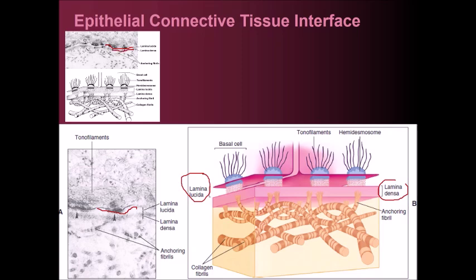Lamina lucida is composed of laminin and collagen type 4, while the lamina densa is composed of collagen type 4. Also, you can see anchoring fibrils of collagen type 7, and between the anchoring fibrils we can see the collagen of the underlying layer. These anchoring fibrils, like hooks, help to bind the lamina densa with the underlying tissue. And also we can see the hemidesmosomes from the epithelial cells.